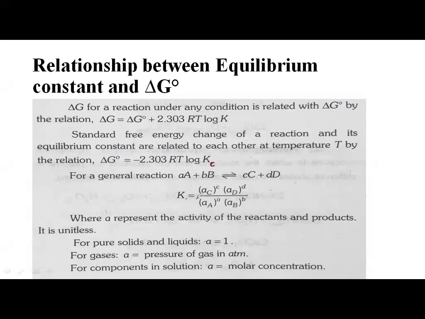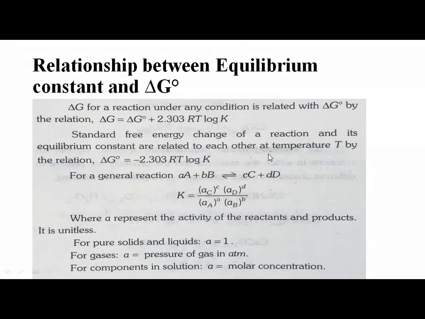For a general reaction, a represents the activity of the reactants and products, and it is unitless. For pure solids and liquids, a is equal to 1. For gases, a is the pressure of the gas in atmosphere. And for components in solution, a is the molar concentration. So this is the relationship between Kp and Kc.